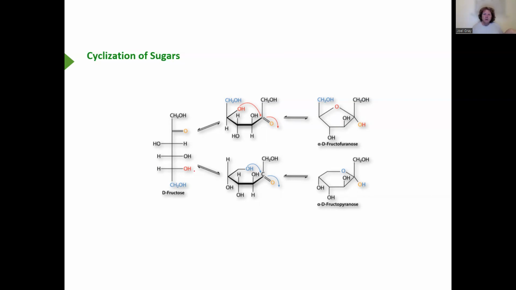Here you can see the hydroxide on carbon number 5. When we cyclize it and go to form our alpha D fructofuranose versus alpha D fructopyranose. So this is the 5-membered ring versus the 6-membered ring.